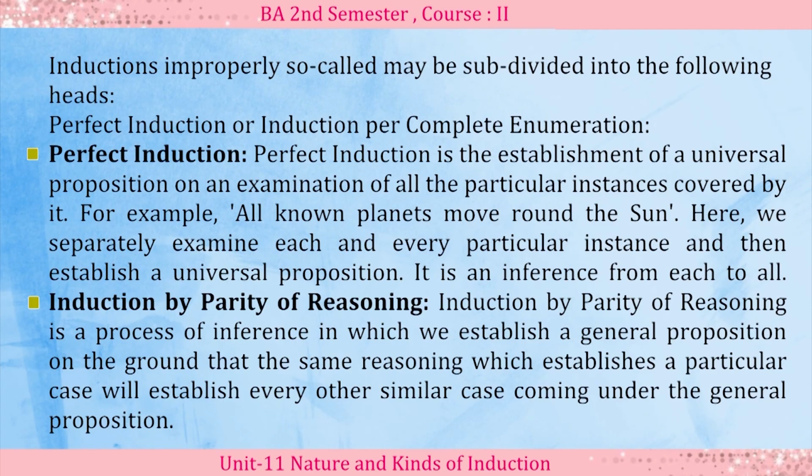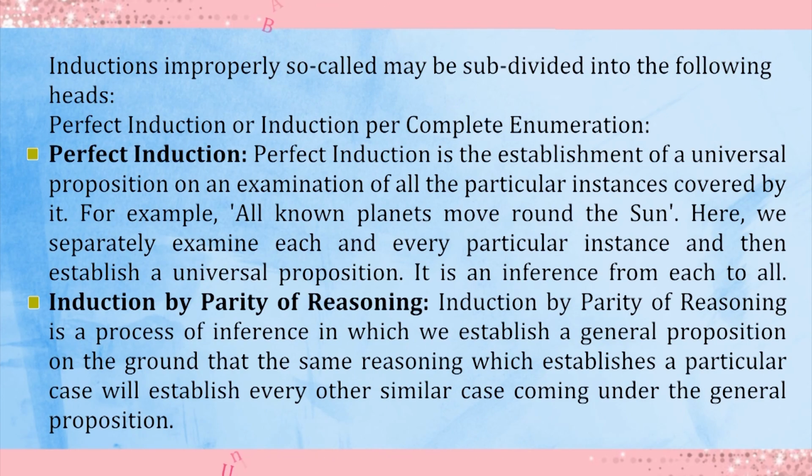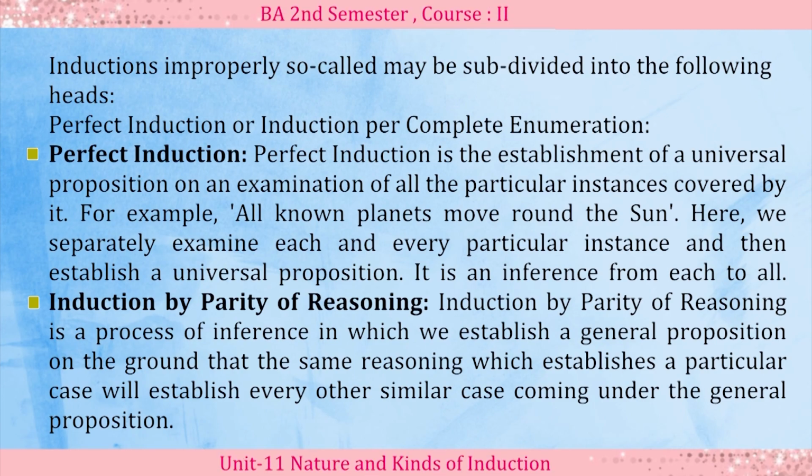For this we have to examine and observe all the different planets, and by observing those planets we have seen that all the planets are moving around the sun, and on the basis of that experience, finally we have come to the conclusion that all known planets move around the sun.